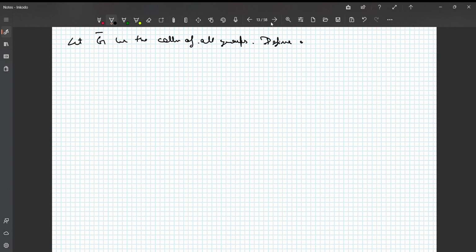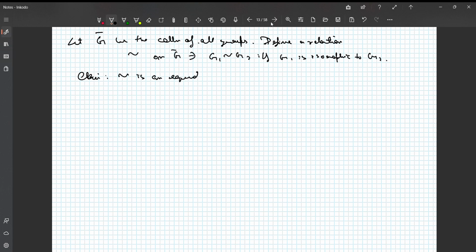Define a relation, say this, on G bar such that any G1 is related to G2 if and only if G1 is isomorphic to G2. Clear? Now we claim this is an equivalence relation.